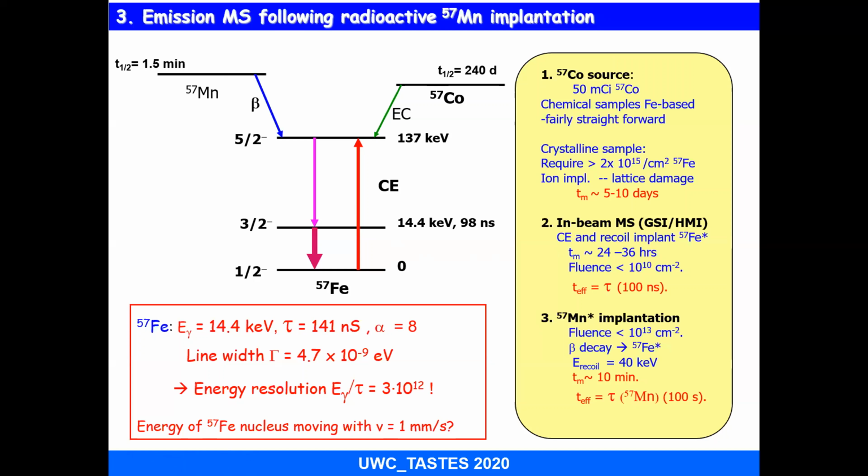In a typical Moessbauer experiment on a crystalline sample, you have to implant iron-57 into the sample. In order not to cause too much lattice damage, the concentration has to be kept quite low, so a typical measurement to get a decent spectrum would take you 5 to 10 days.